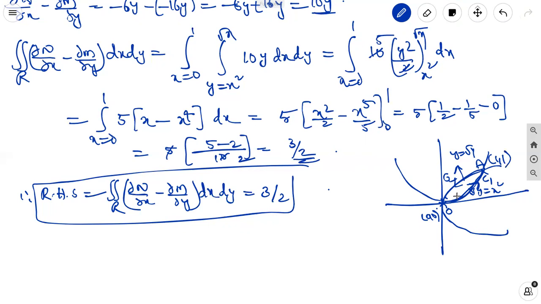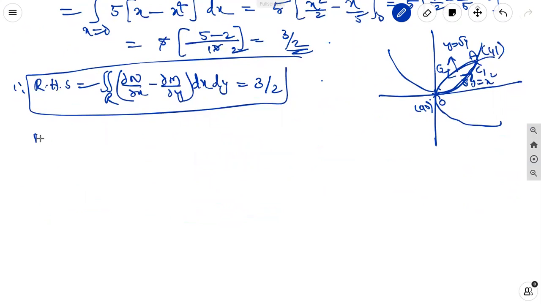In this we can take the substitution y equal to x square and dy equal to 2x dx, and x limits from 0 to 1, and for C2 from 1 to 0. We remember that one.